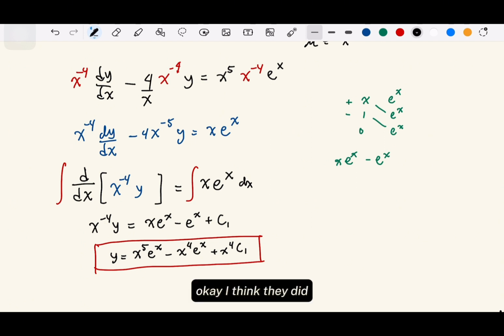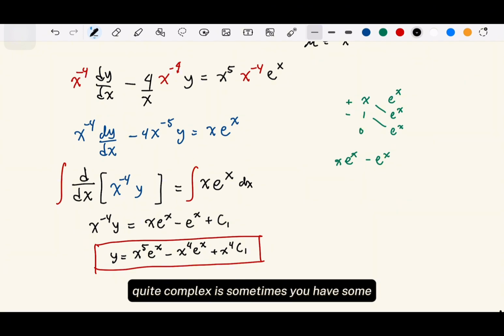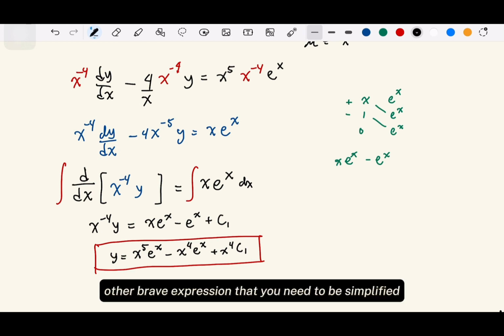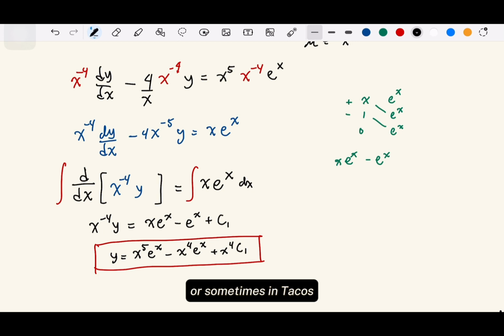Okay. I think the difficult part is not the equations itself. It's not the method itself. I think some of the part that makes it quite complex is sometimes you have some algebraic expression that you need to be simplifying, or some techniques in calculus 1 or calculus 2 which you are forgetting. That's the problem.